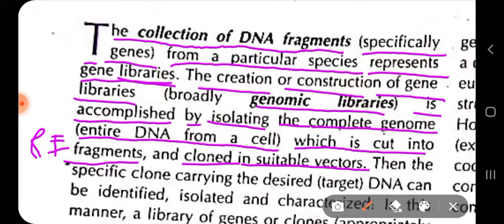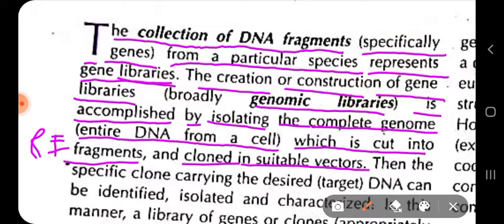So if you want to collect the entire genome and store it in the form of a library, in future you want to isolate a particular fragment, observe the sequence and carry out genetic engineering functions.